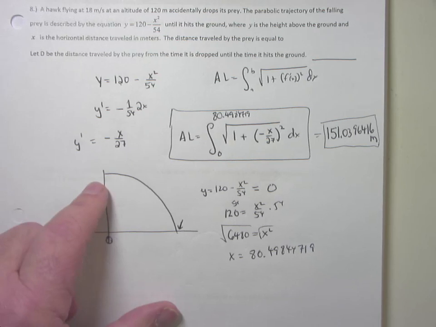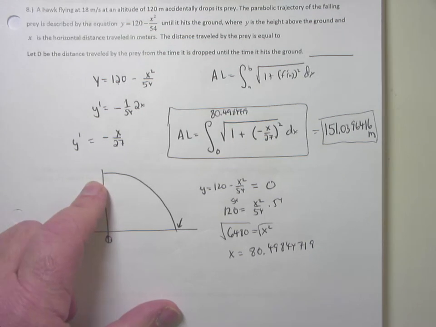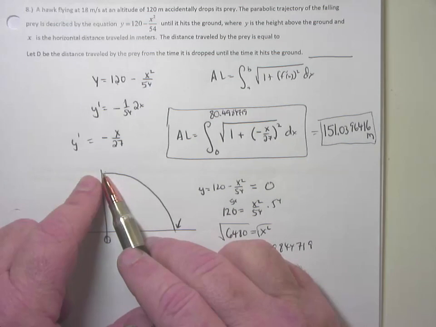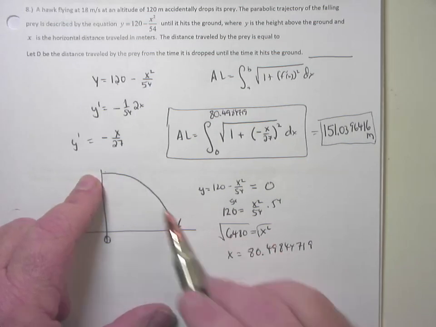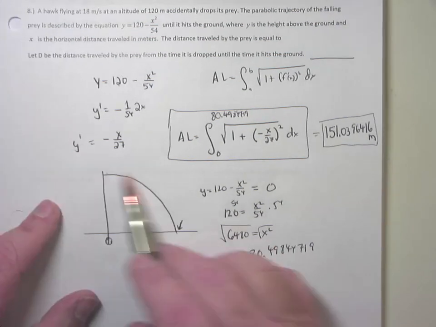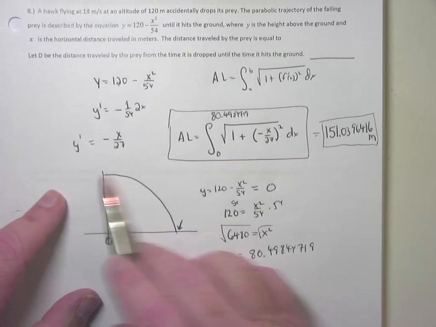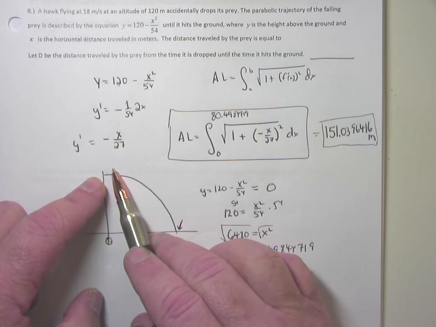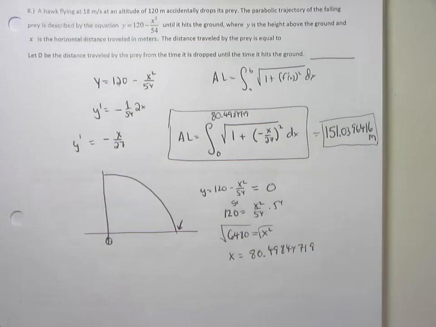And then all of a sudden, he squirmed just enough that he got let loose, 120 meters above the ground. Even though he's 120 meters above the ground, he actually flew due to the force of the hawk flying horizontally at 18 meters per second. He actually flew 151.0396 meters until he hit the ground.